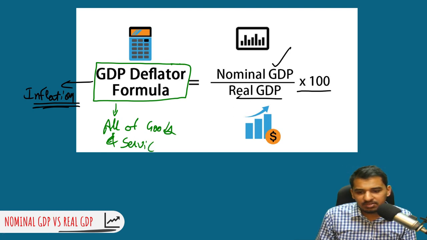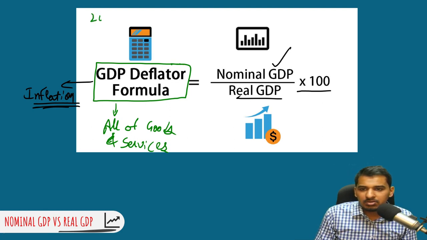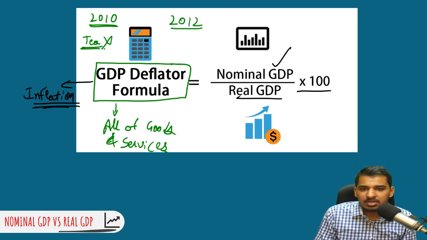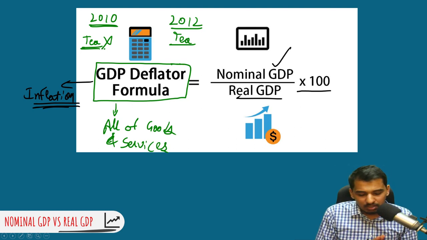All of the goods and services are used irrespectively. What I want to say is that suppose in year 2010, just for example, there was no tea present in India. But in year 2012, tea came to India and people started producing and consuming tea.